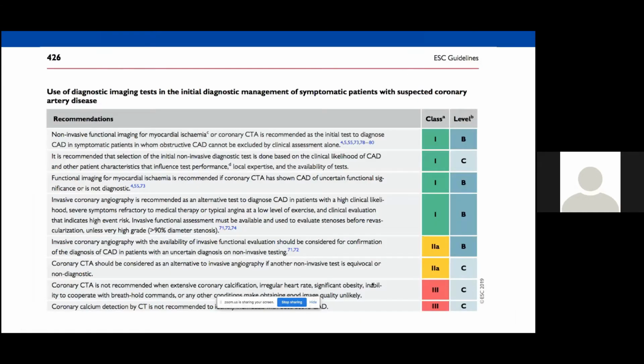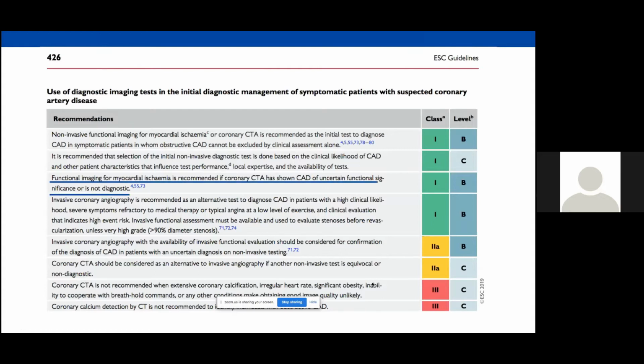One of the major recommendation changes, or major upgrades, for non-invasive functional testing is that they have been upgraded as a class 1 initial test to diagnose coronary artery disease in symptomatic patients when obstructive coronary artery disease cannot be excluded.